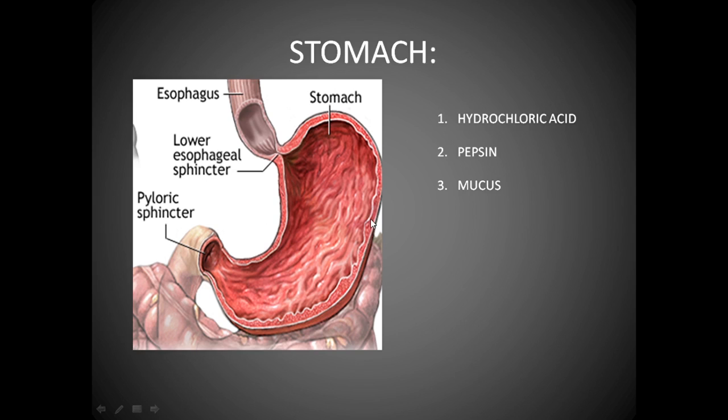So who is helping in protecting the lining of the stomach from hydrochloric acid? It is the mucus secretion, which protects the lining of the stomach from the action of hydrochloric acid under normal conditions, so that the hydrochloric acid does not harm our stomach lining. So that's the role of mucus.